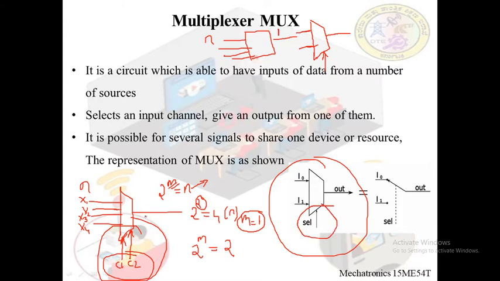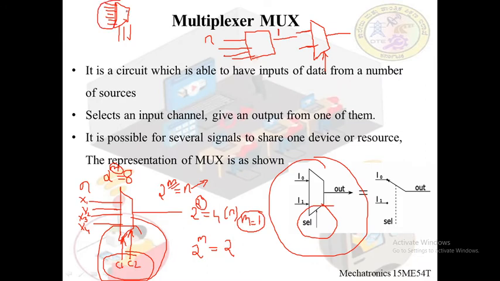For 8 lines, similarly we can find out: 2 power m equal to the number of input lines. If there are 8 input lines, 2 power 3 is equal to 8, so we should have 3 select signals. So a minimum of 3 select signals are necessary for 8 input lines. So these are the 8 input lines.